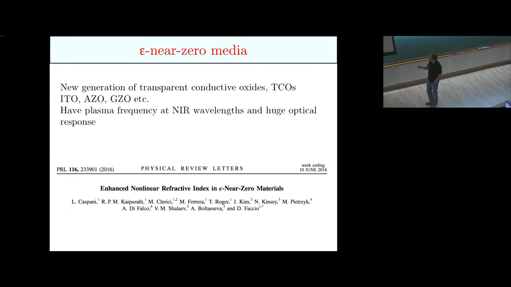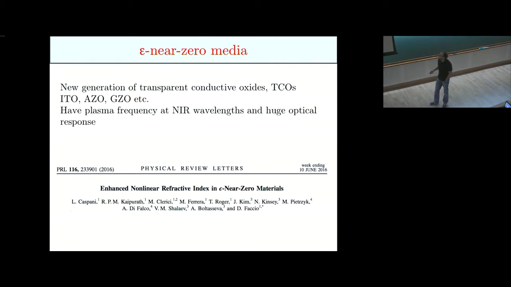So we've got this whole new generation. It's not just on your iPhone that you have what is called indium tin oxide, there are also many other materials. Bob Boyd was using ITO. We were using this other material that Shalaev and Boltasseva gave us, which is aluminium doped zinc oxide.